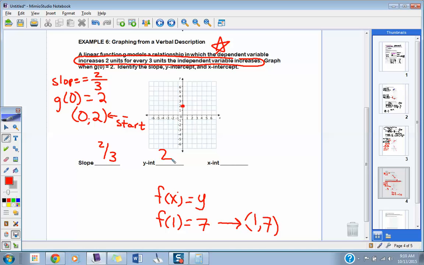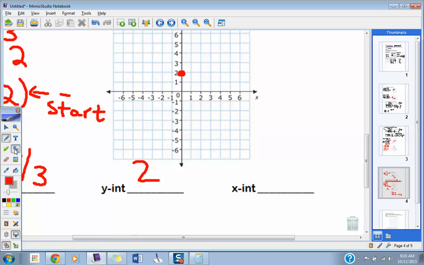Rise 2, run 3. So let me do that. I shall rise 2. I shall run 3. Rise 2, run 3. Right to here, right, gang? All agree? Let's draw my line.